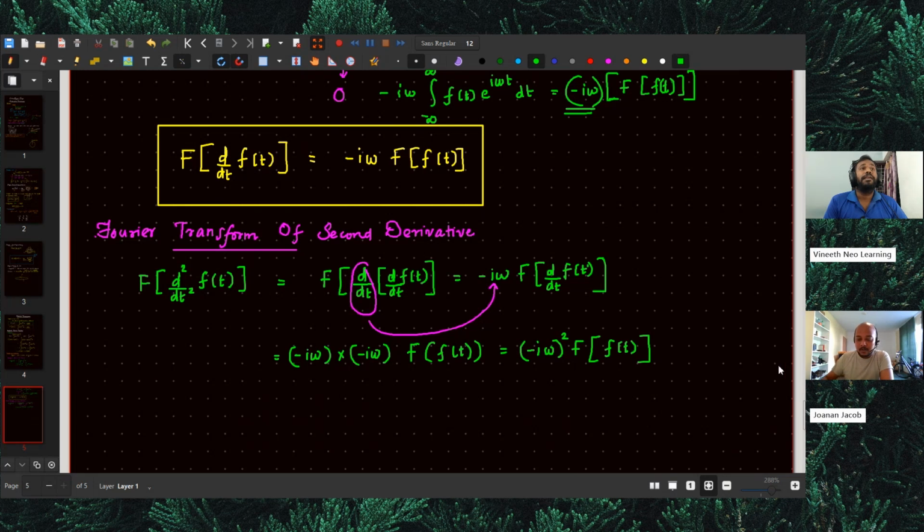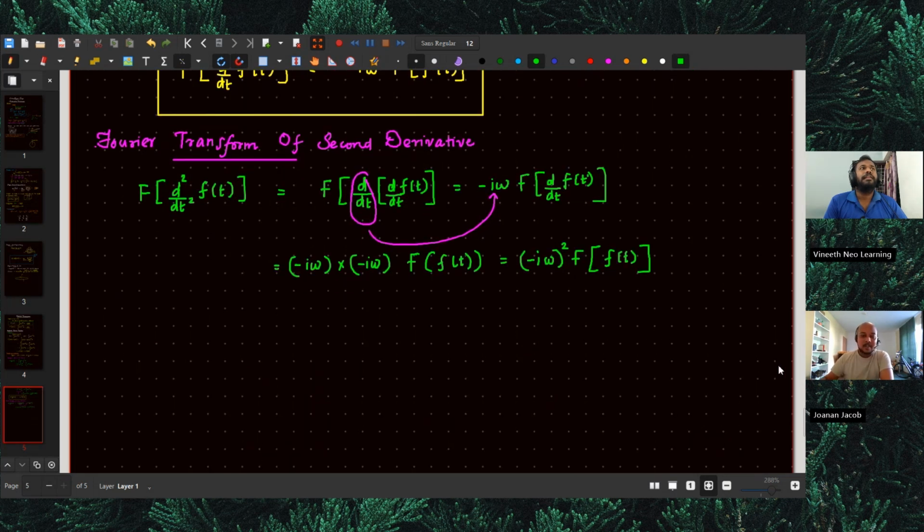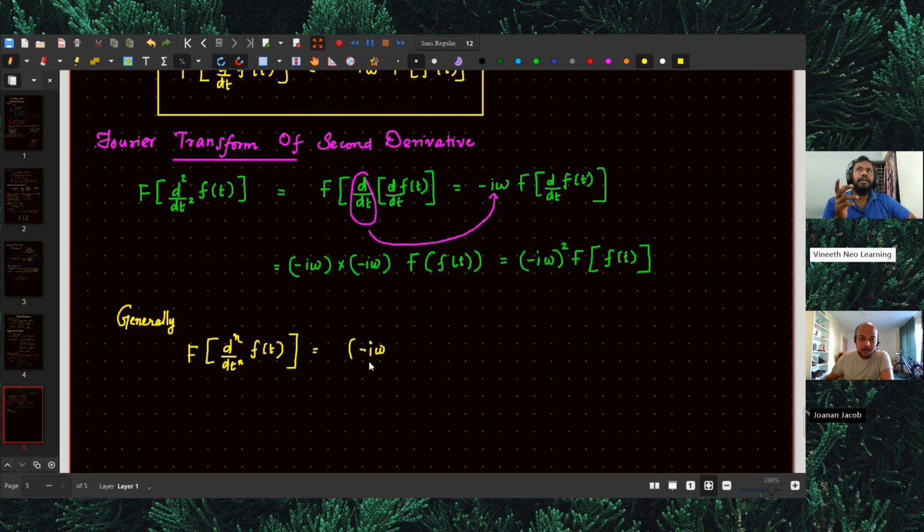Generally we can say that the Fourier transform of the nth derivative of f of t with respect to time, not with respect to any other quantity, meaning the variable in which we are taking the Fourier transform.